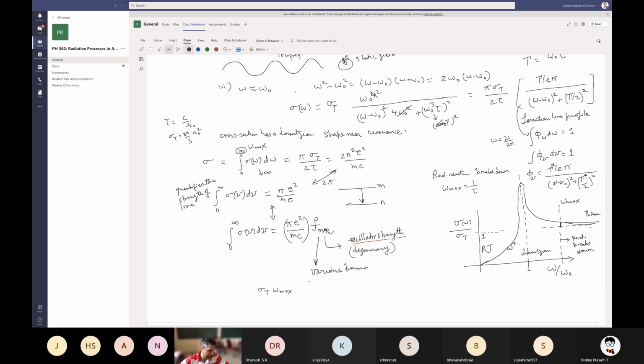Okay, and the claim is that this is much less than 2 pi square e square by mc, and omega max was 1 by tau.